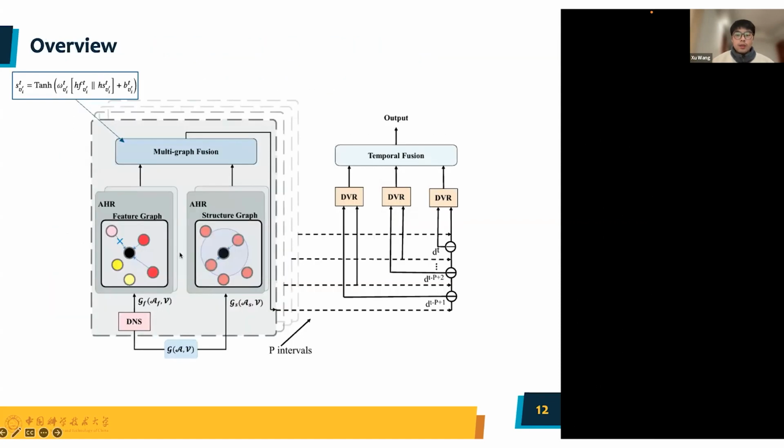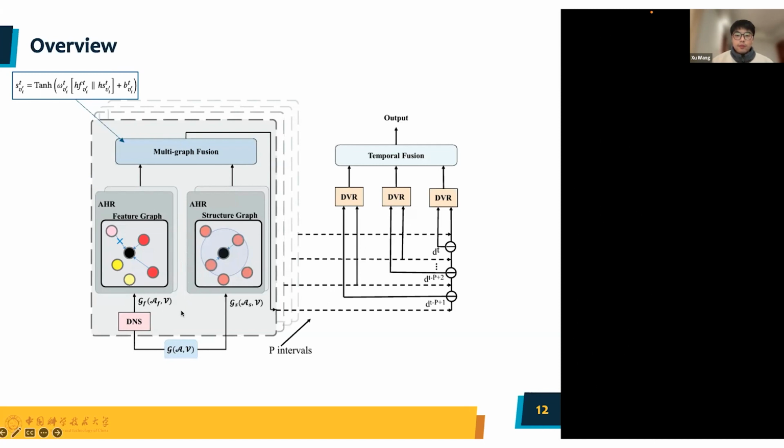We combine the above two modules, DNS and AHR, as illustrated in this figure. For given spatial temporal data G that corresponds to P historical intervals, the DNS module calculates dynamic adjacency matrices for constructing feature graphs at each time interval.